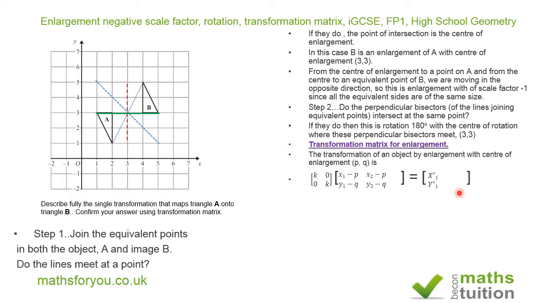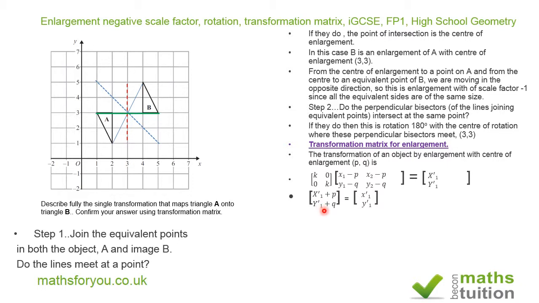We've not quite done yet. So moving on from there, we should now add the x coordinate P at the center of enlargement to our capital X prime sub 1 and add Q, the y coordinate of the center of enlargement, to capital Y prime sub 1.